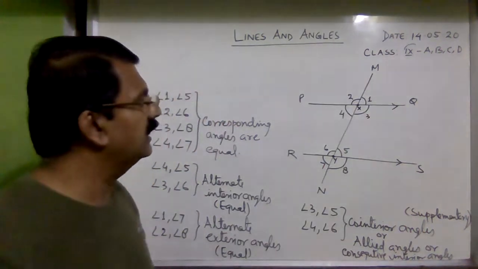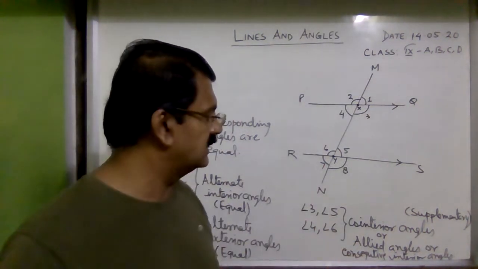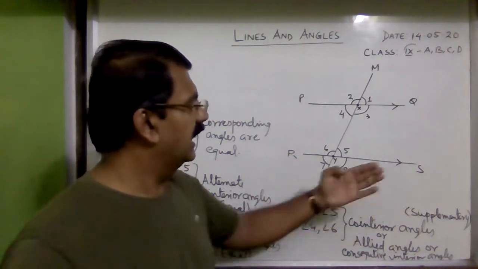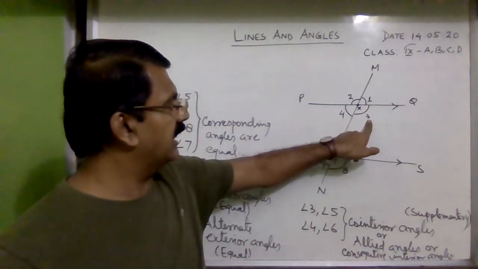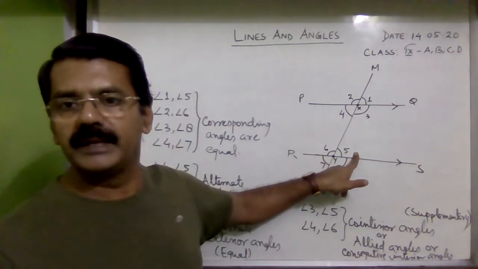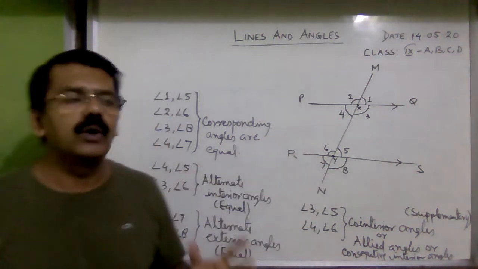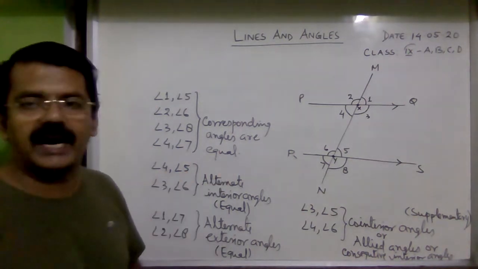So always remember, co-interior angles or allied angles or consecutive interior angles, their sum will be 180 and that is why they are supplementary angles. Angle 3 plus angle 5 will be equal to 180 and angle 4 plus angle 6 will be equal to 180. Clear?